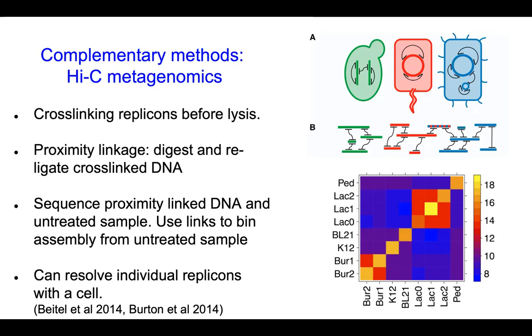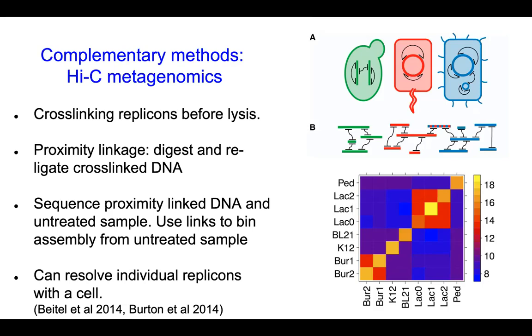And then you use the links in your cross-linked library to infer what is close together. And here at the bottom, what this shows is warmer colors tell you that things are linked a lot, and colder colors tell you that there's not so many links.